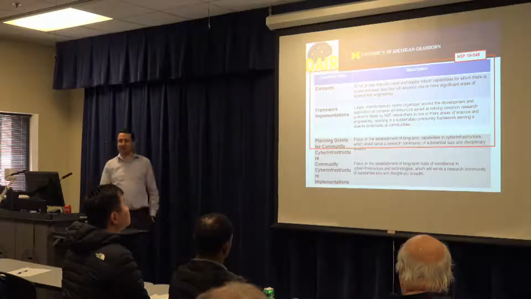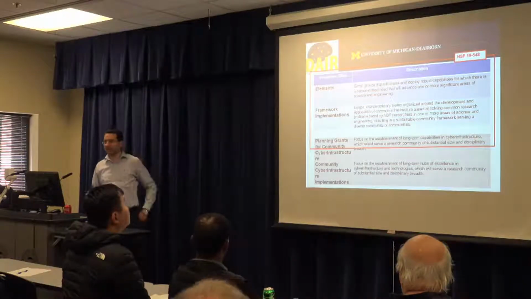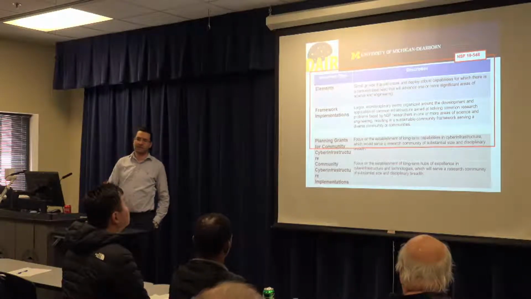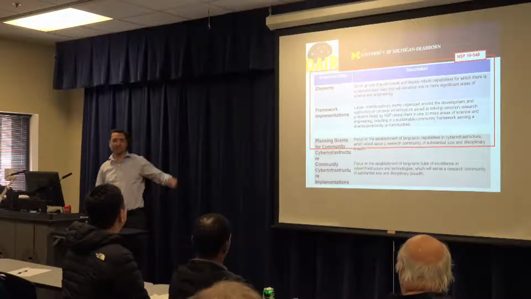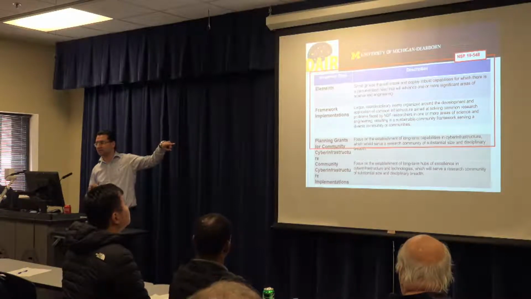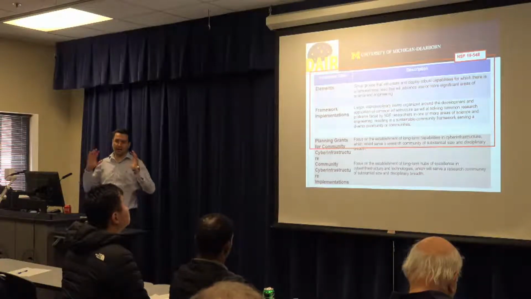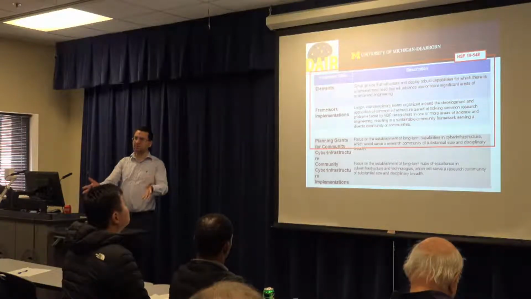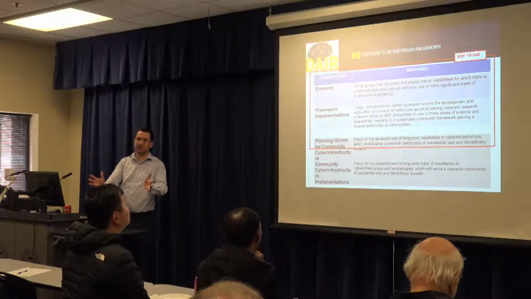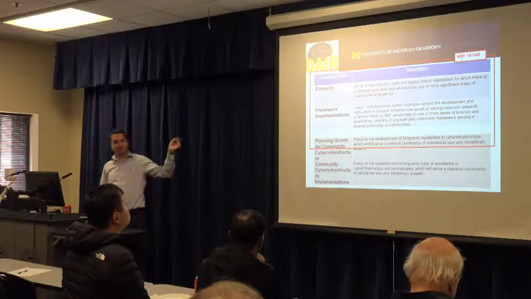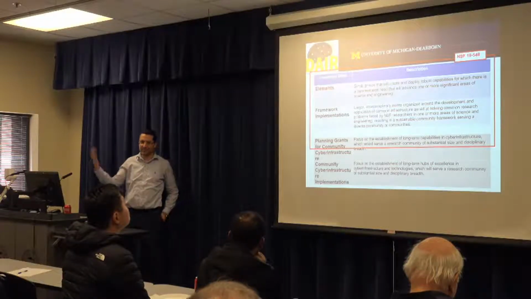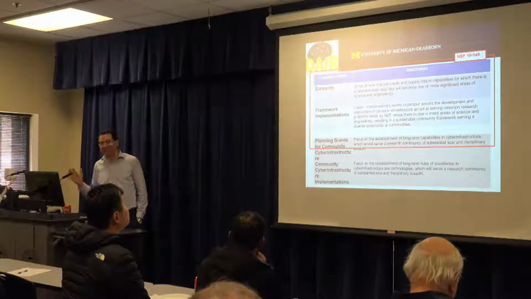Most of the projects that get funded in the second category, the framework implementation, are proposals that were already funded in the first category, the Elements, for 600K, and they show the success, and then NSF wants to continue enhancing and investing in this platform. So $5 million is nice to submit a proposal for.